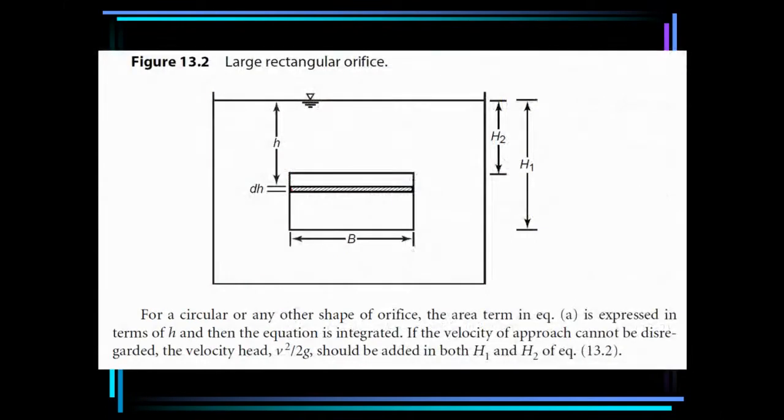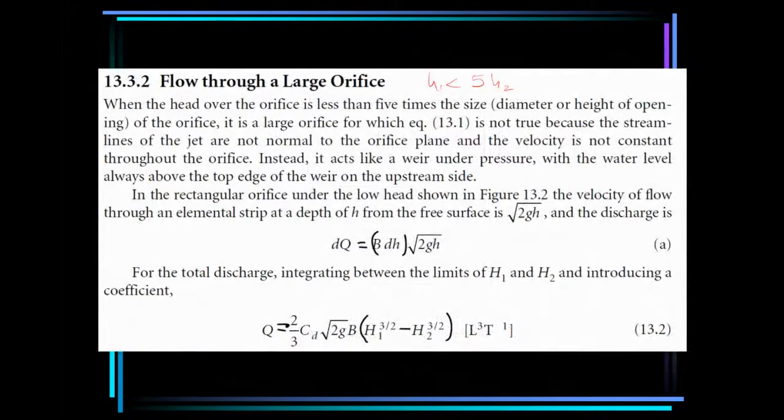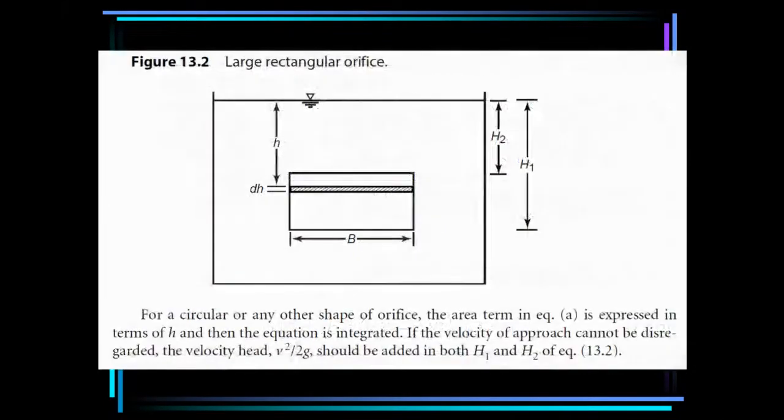When you consider an elemental strip, a small element delta h of water coming out of the orifice, the velocity of this small element will be given by the velocity which we found for a small orifice, square root of 2gh. The discharge, dQ, because we are considering a small element, will be the velocity times the area. The area is going to be b times dh, which is the height.